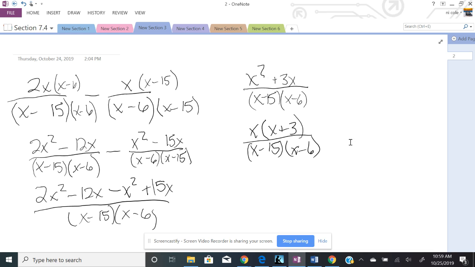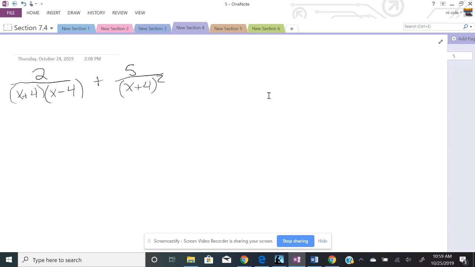Nothing can be reduced, so you can enter in your answer either as x squared plus 3x over x minus 15, x minus 6, or you can write it as x parentheses x plus 3, just like that. It really doesn't matter. You can choose which method you would like to use, and Math Excel is accepting of both.